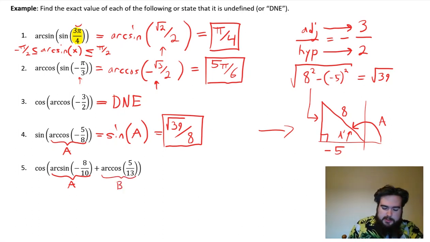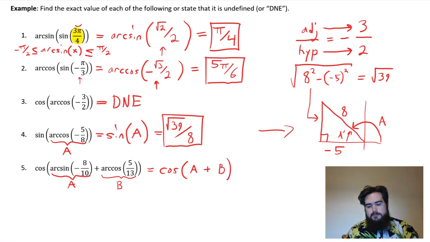So I'm really trying to determine what cosine of A plus B is. Well, when you know it, cosine of A plus B, that's something that I can use the sum identity of cosine for.